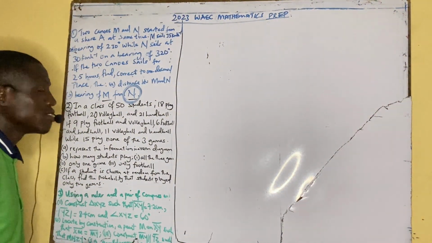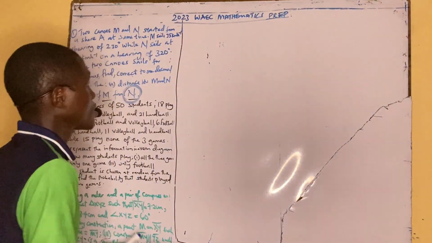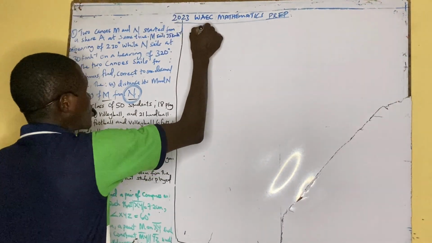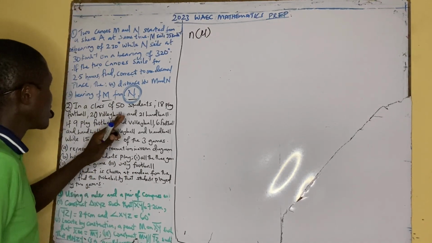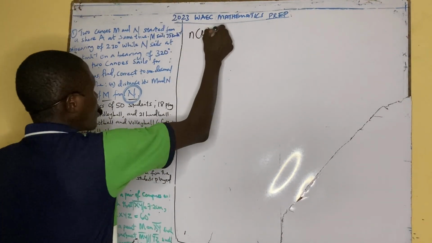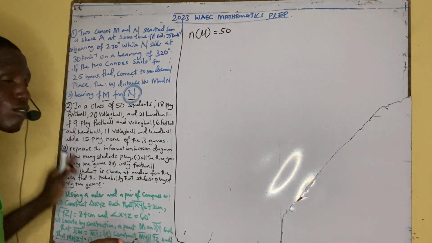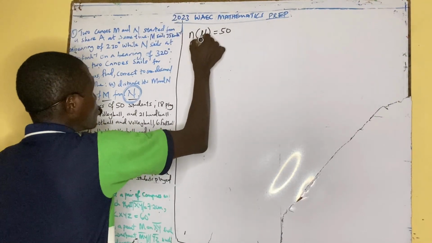In the Venn diagram, you have to list out your parameters given. The first thing is to say that the total number of the students given in a class is 50. And we are told that out of that 50 students, 18 play football.